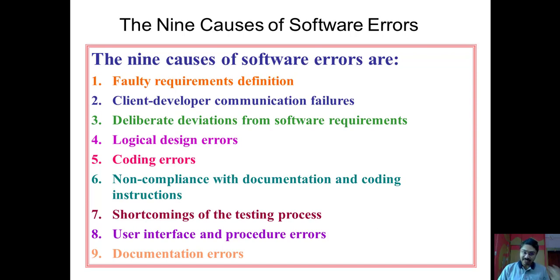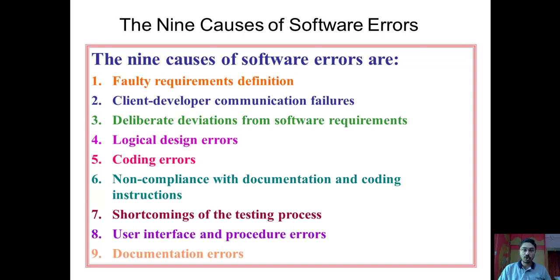Then there are many times chances that software requirements are deliberately deviated from. Software requirements may be understood properly, but because the team hasn't worked properly, or there is no proper communication within the team, or the team manager is thinking differently and the system architect and designers are working differently with no agreed upon communication, then deviation happens in the requirements.